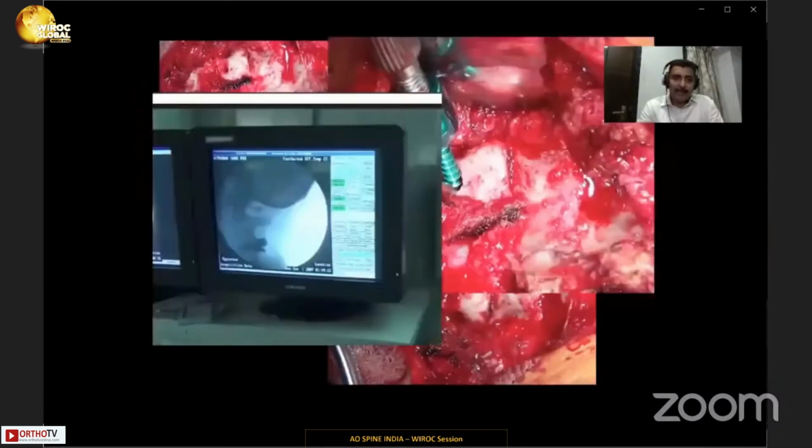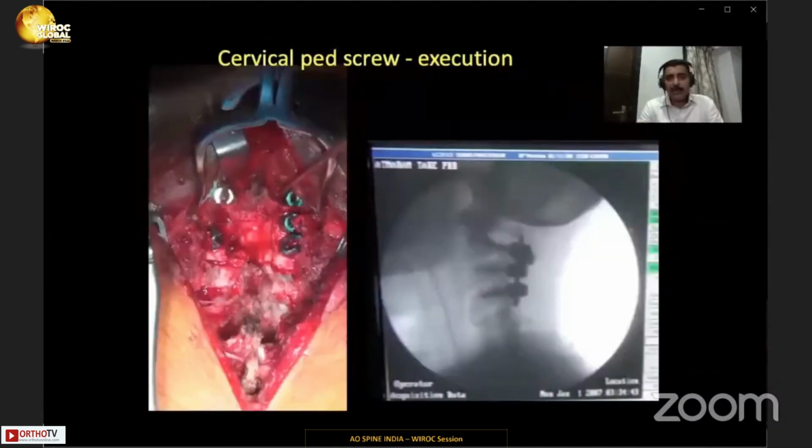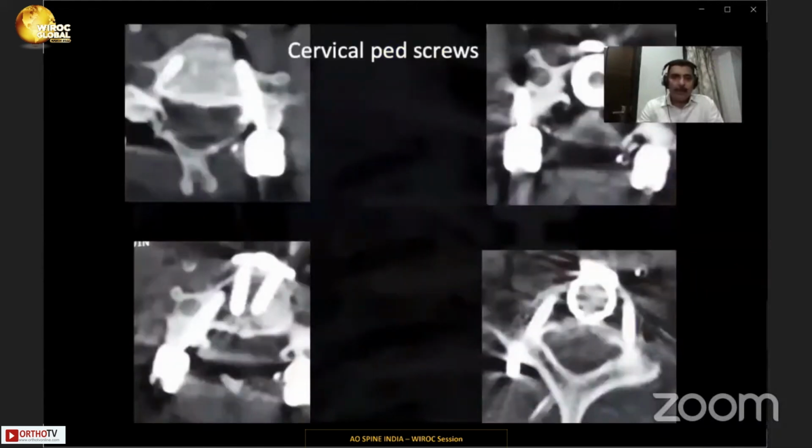The same thing can be repeated on the opposite side, and then obviously you need to check on the image intensifier. We have found that the AP view is not of much importance. It is the lateral view which gives a good orientation, and a perfect pedicle screw, according to me, is the one which hits at the anterosuperior corner of the vertebral body. So that's a good screw.